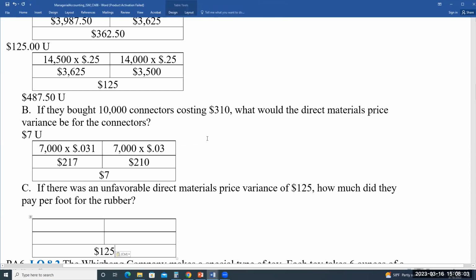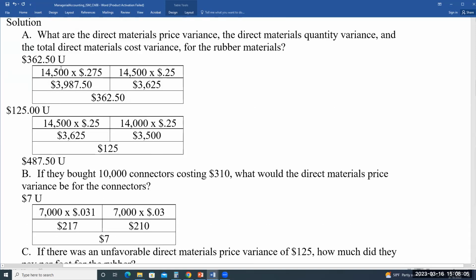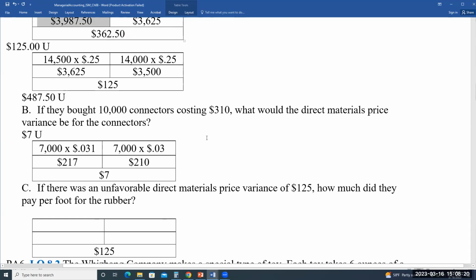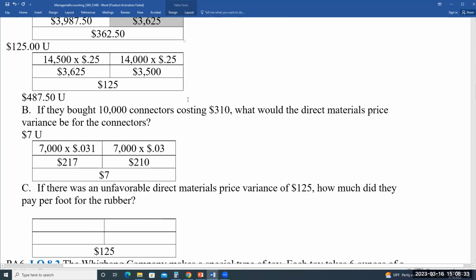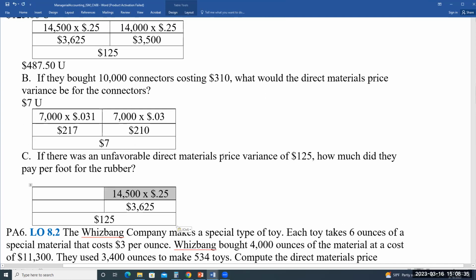So what we're going to have to do here is redo this one with $125 here. So we're going to keep actual quantity and actual price, I believe. Let's see. No, we have to figure out the actual price. We're going to keep the actual quantity and the standard price. Yeah. And then we'll have to figure out the rest.